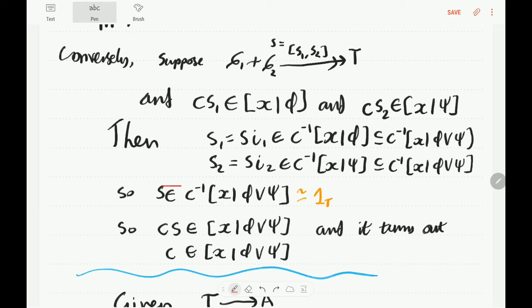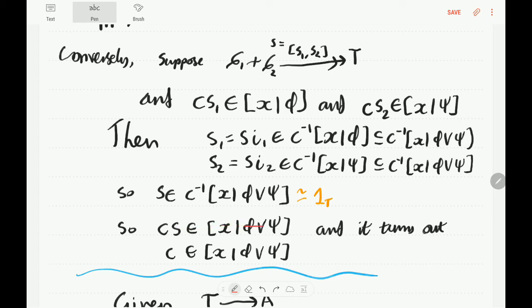Now, apparently, that implies that S is in C to the minus 1 of phi or psi.